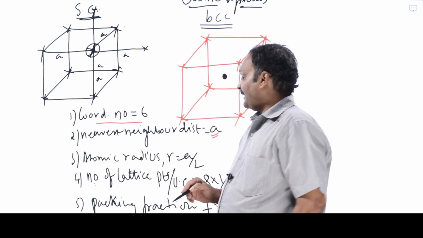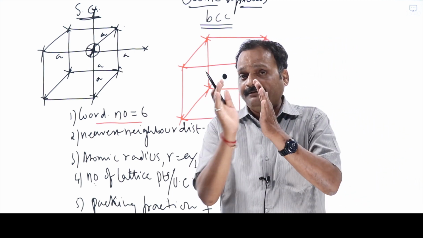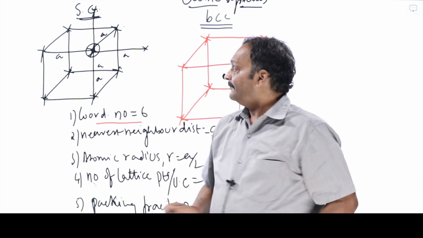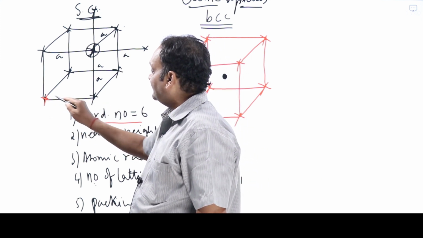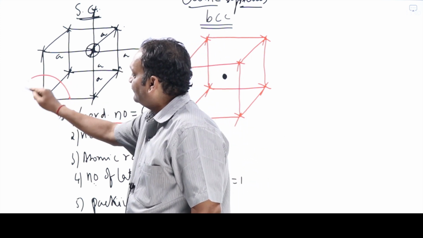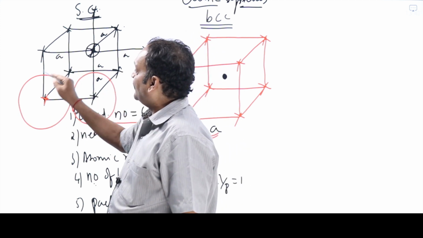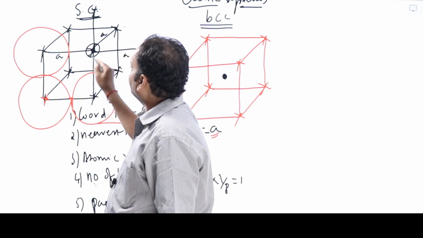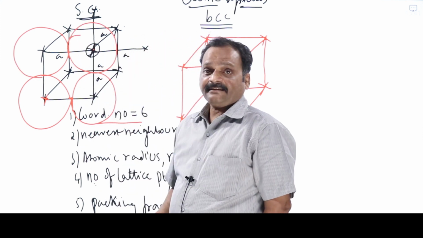Next one, atomic radius. I told you, whatever the nearest neighbor distance is, half of it will give you the atomic radius. It is like this. If a lattice point is here, I'll take that as the center of the atom. The atom will be like this, and one more atom will be like this. Similarly, if a lattice point is here, one atom will be like this and one atom like this. Adjacent atoms will be touching each other.